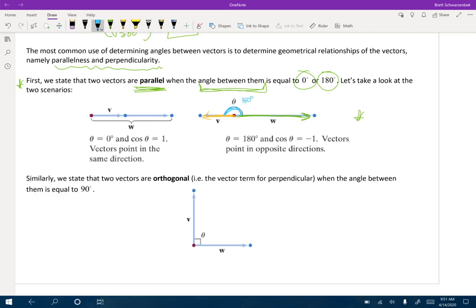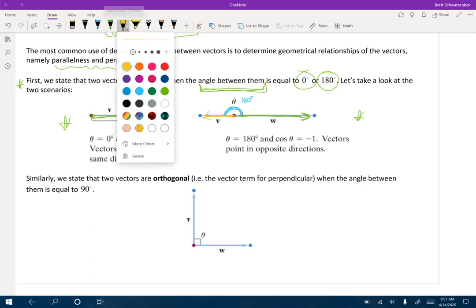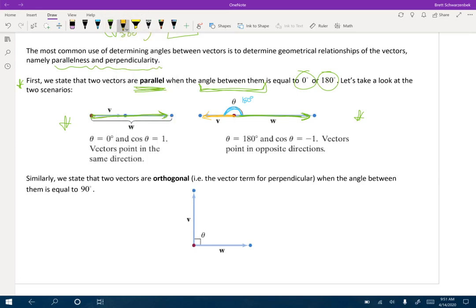Okay, there's one other scenario, though, over here. Let's say that I have a vector W, which is this, that is not a straight line. What about if I drew vector V on top of vector W?